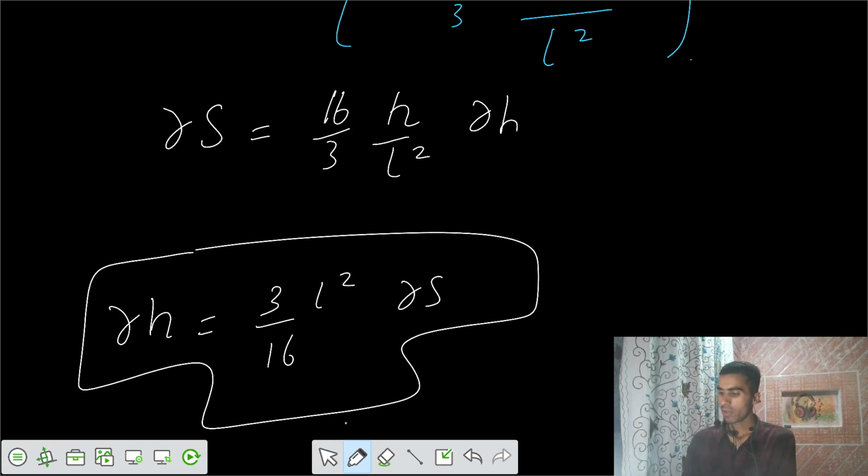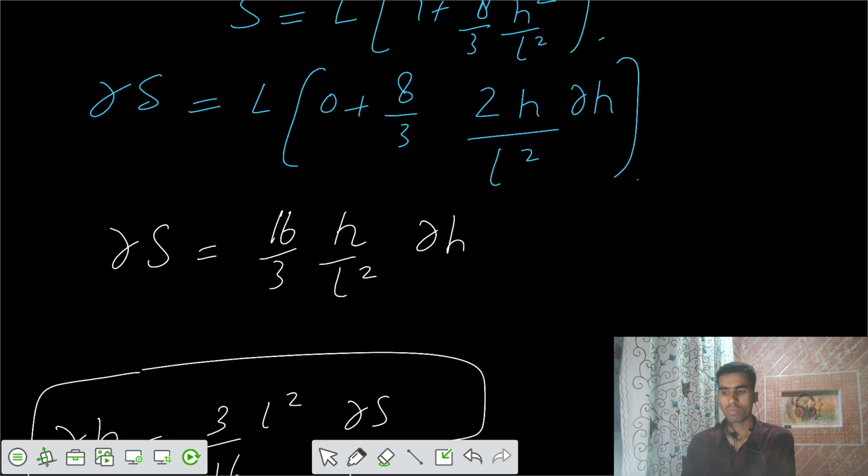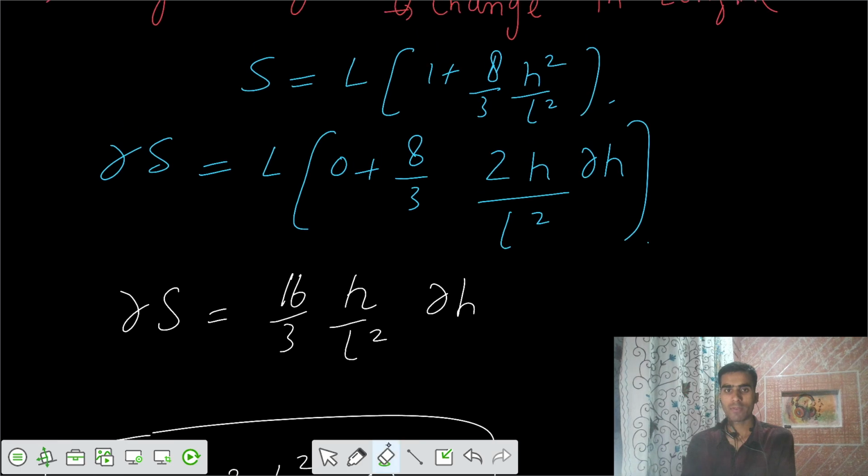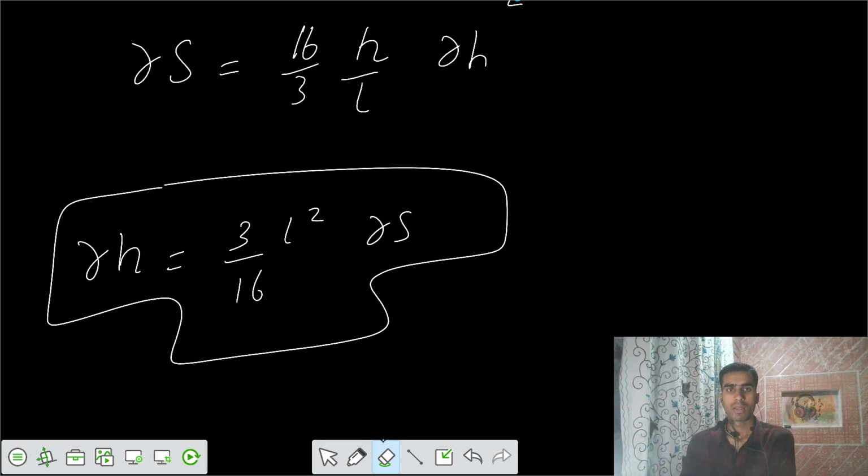So change in sag equals 3/16 L by h. We had this factor, this was your L and we have this L², and finally it would become L, and h was also there, L by h. This is the result for the change in sag.